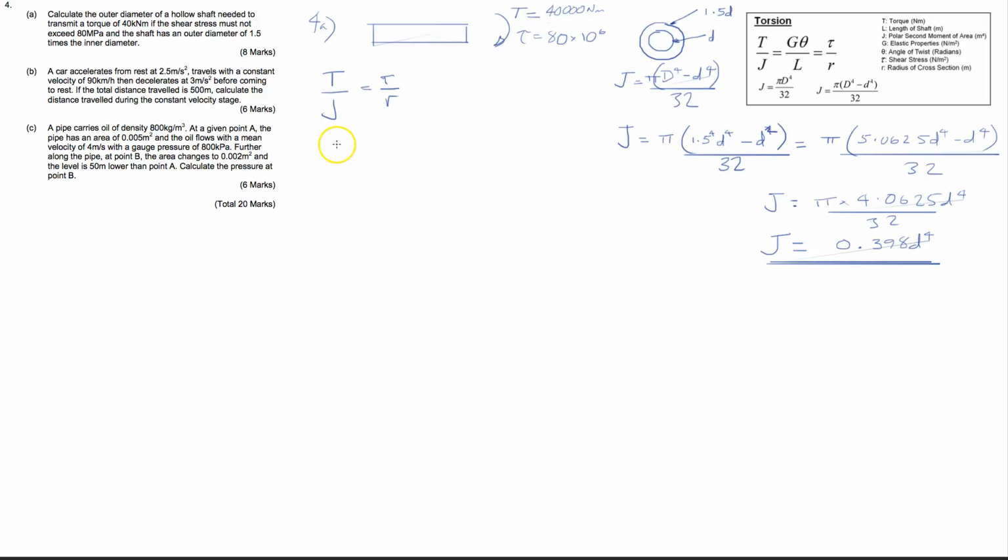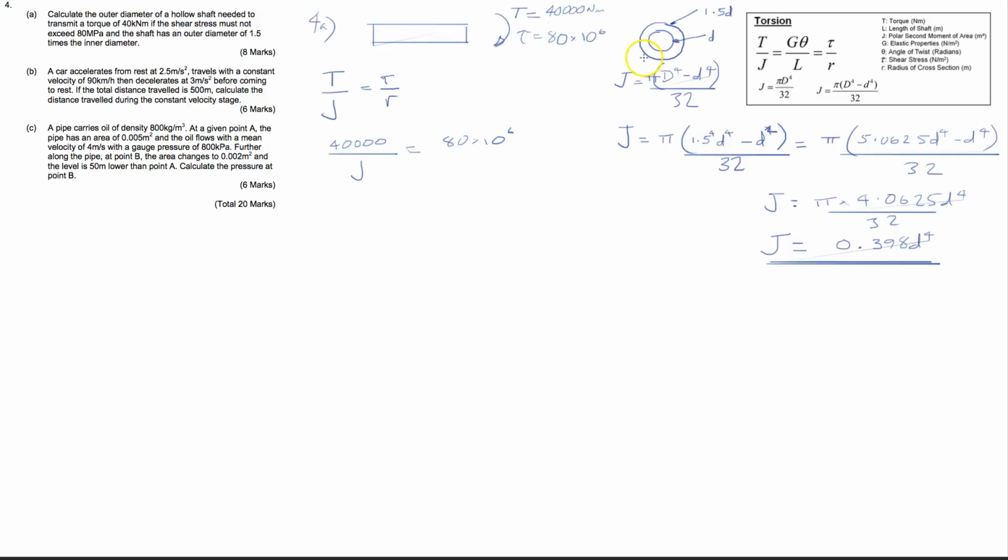T is 40,000. We haven't been given J. We've been given tau. We haven't been given R, but we've been given something in terms of outer diameter, which is 1.5 little d, we've called that.